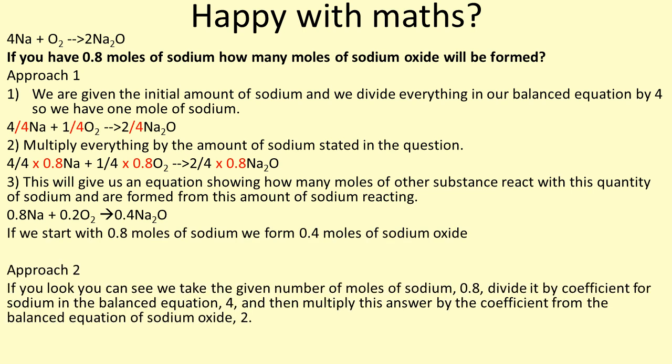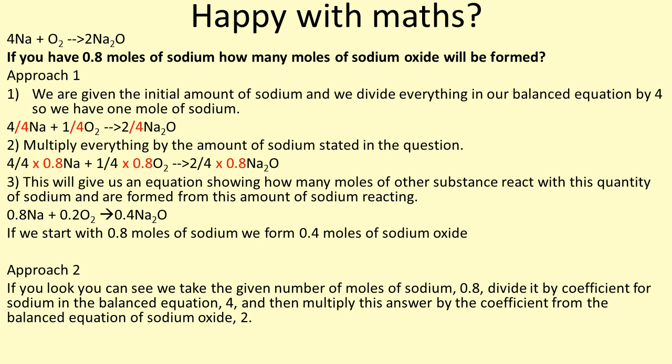If you look, you can see we take the number given of moles of sodium, 0.8, divide it by the coefficient for sodium in the balanced equation, 4, then multiply this answer by the coefficient from the balanced equation of sodium oxide, 2.